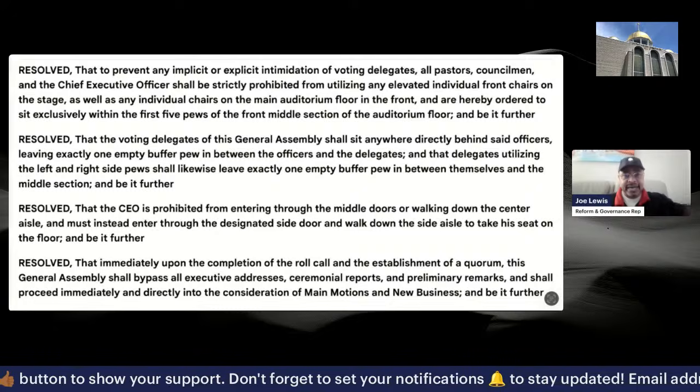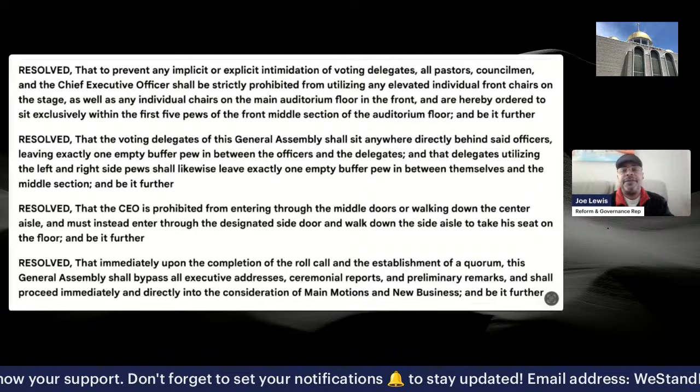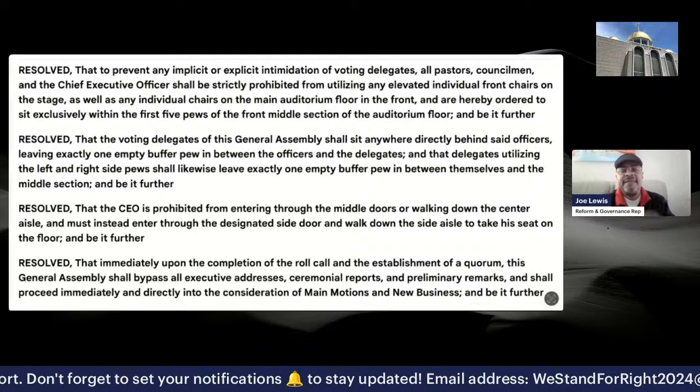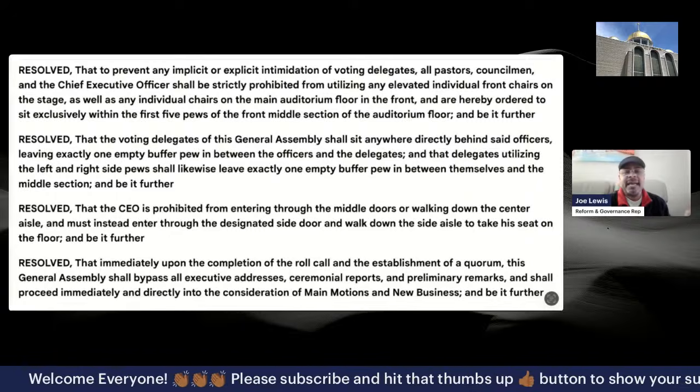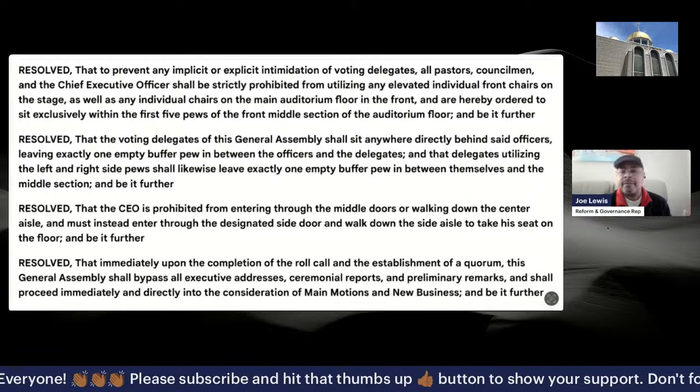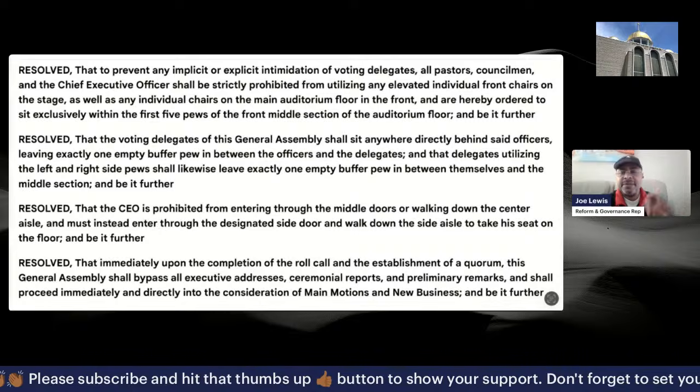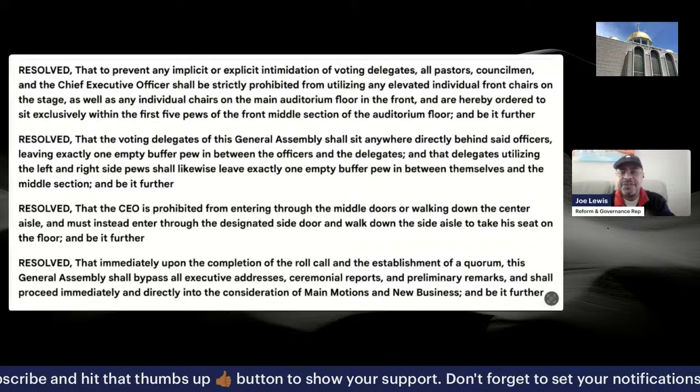It completely eradicates it. Further resolved that the voting delegates of this General Assembly shall sit anywhere directly behind said officers, leaving exactly one empty buffer. I've read this, go down to the next.